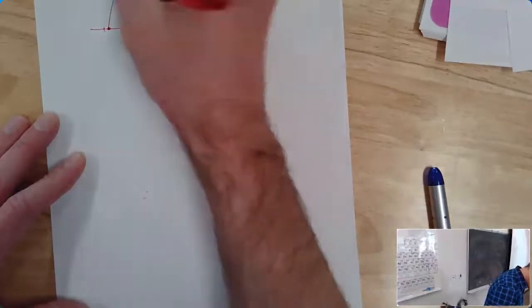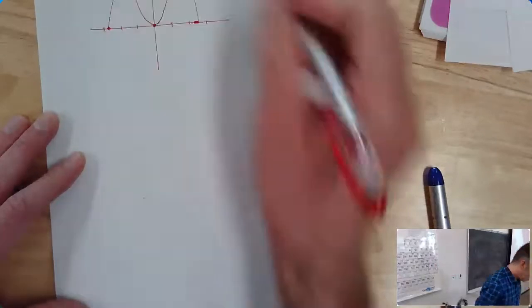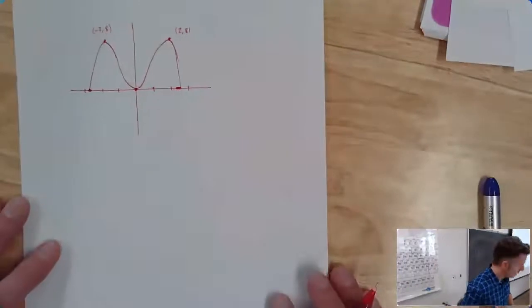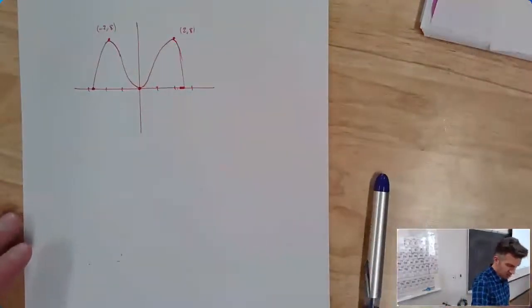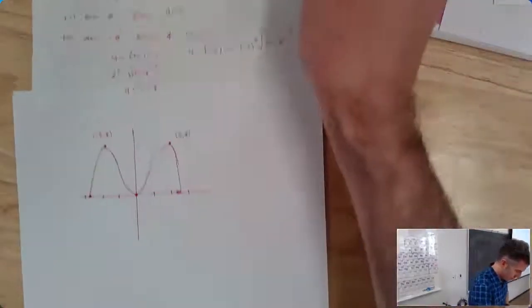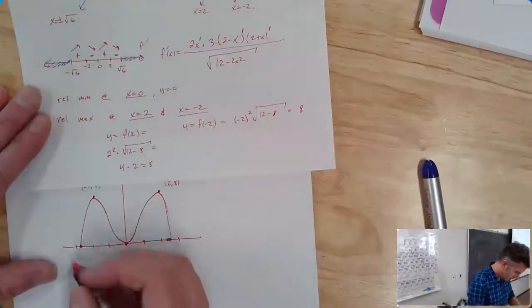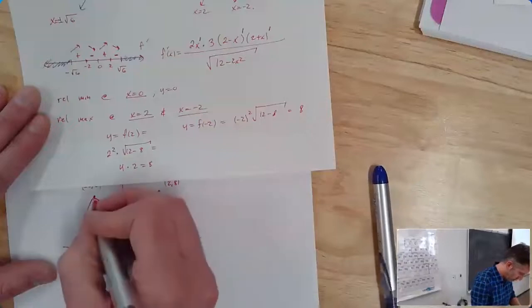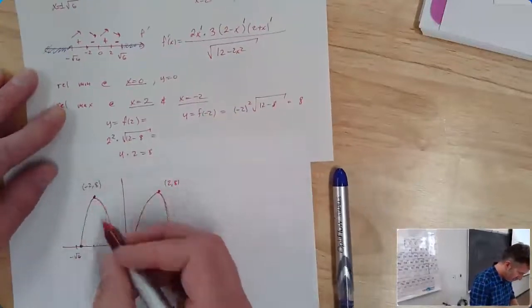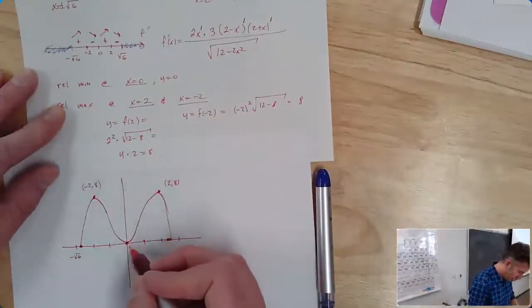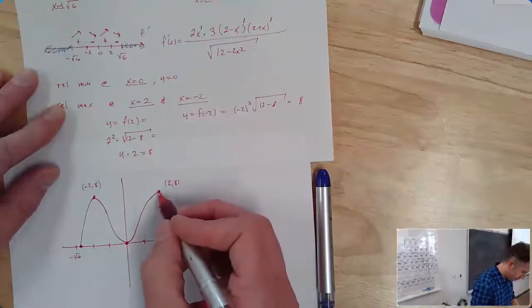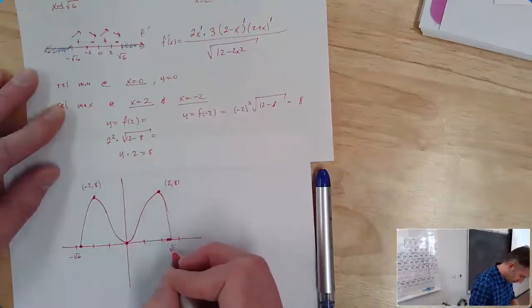And I can see that this matches with my sign chart that I just made, right? This function is increasing from negative root 6 to negative 2, decreasing from negative 2 to 0, increasing from 0 to 2, decreasing from 2 to positive root 6.